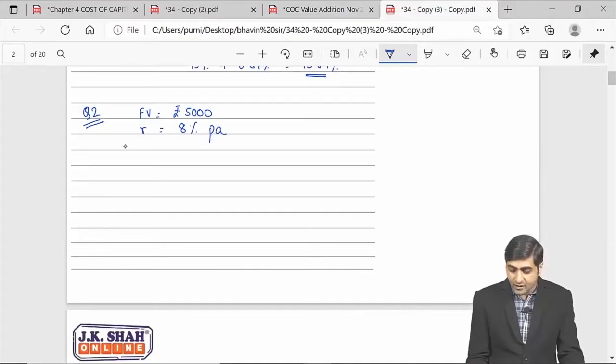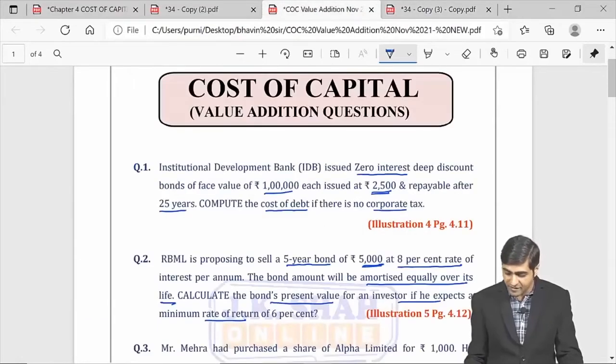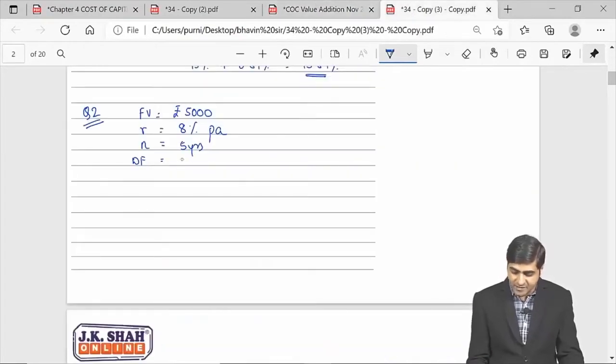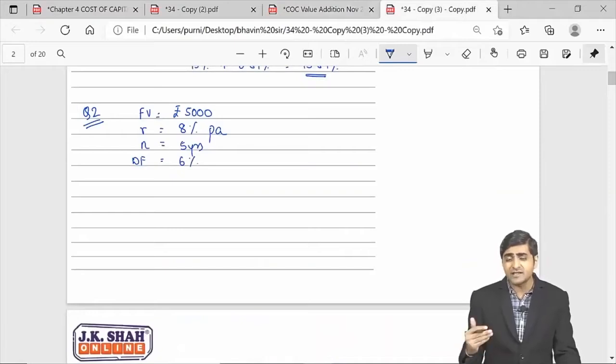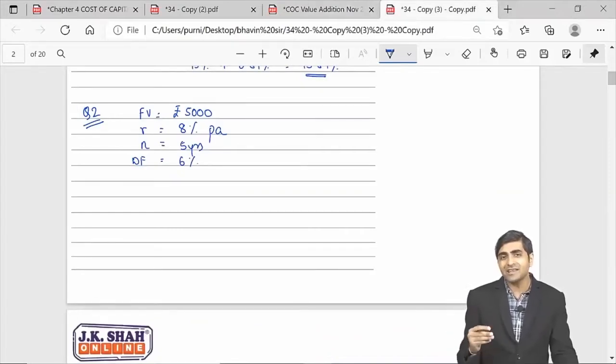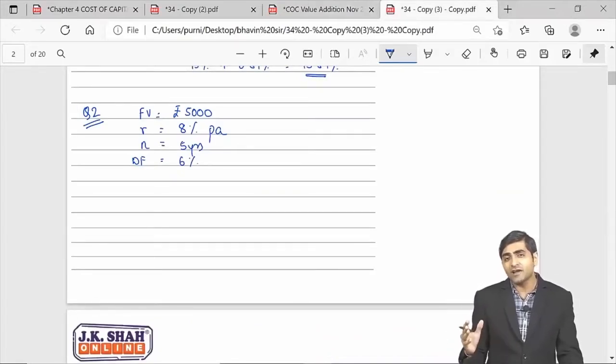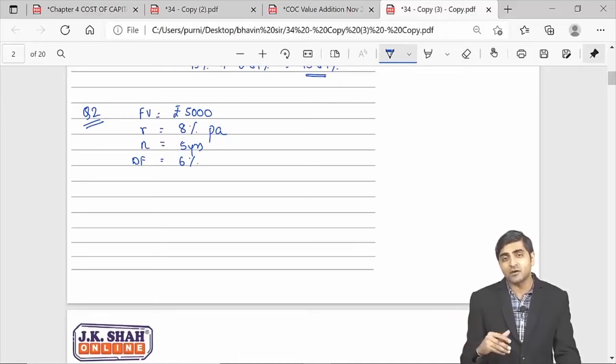And guys, you are going to amortize this particular bond over the life of 5 years. Okay. So what is the discounting factor? What is the minimum required rate of return of an investor? So that's nothing but 6%. So guys, we have to first estimate what is going to be the future value of cash inflows we are going to receive from this bond if the investment is made today.